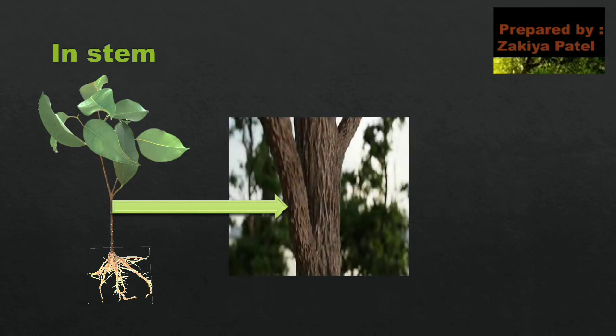This forms several layers of thick cork or bark of the tree. In the stem, as the cells are growing and making thick layers, these thick layers are called cork or bark of a tree.